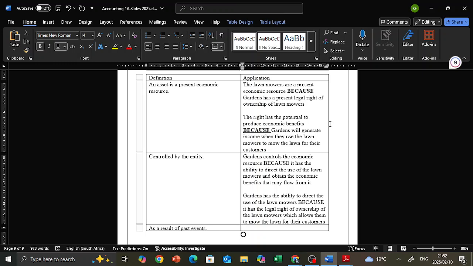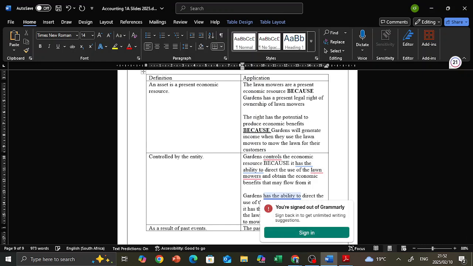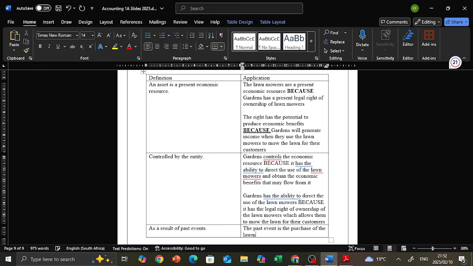This is it, and then we close off. Now, once again, my bad. The past event is the purchase of the lawn mowers from Gilder's warehouse, right?